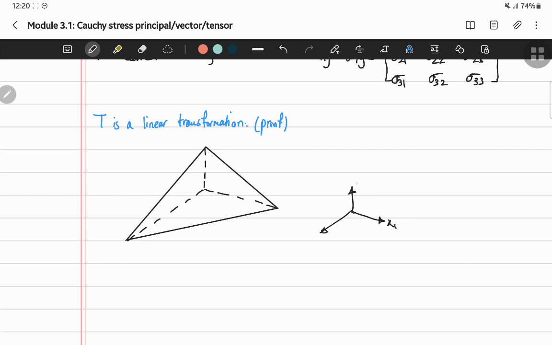This is a right hand side, x1, x2, x3, right hand basis. And here we have a very, very infinitesimal tetrahedron.